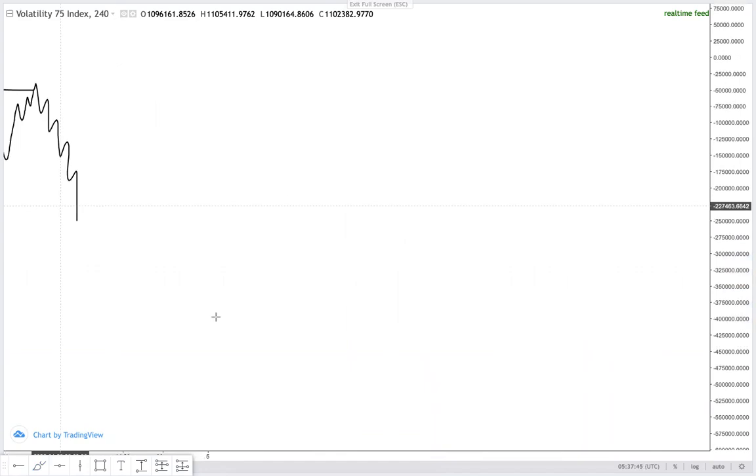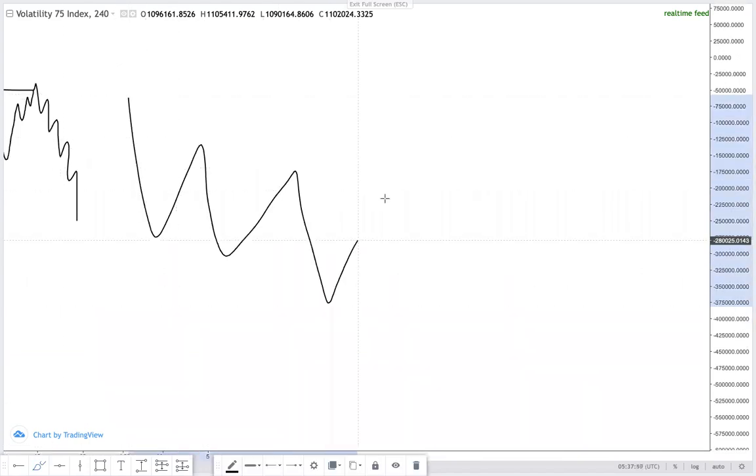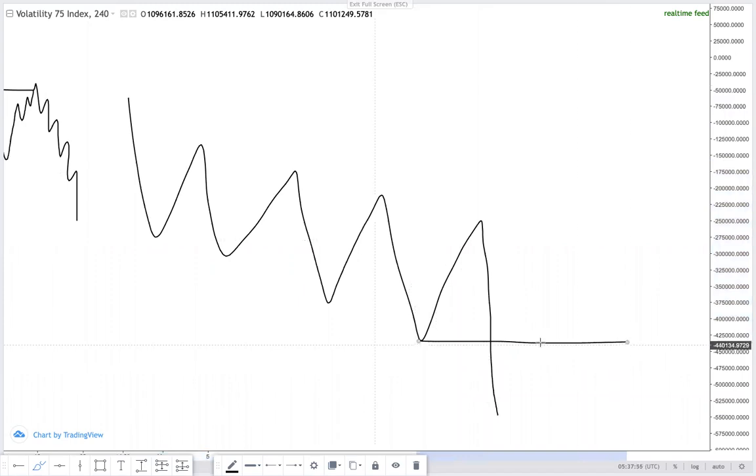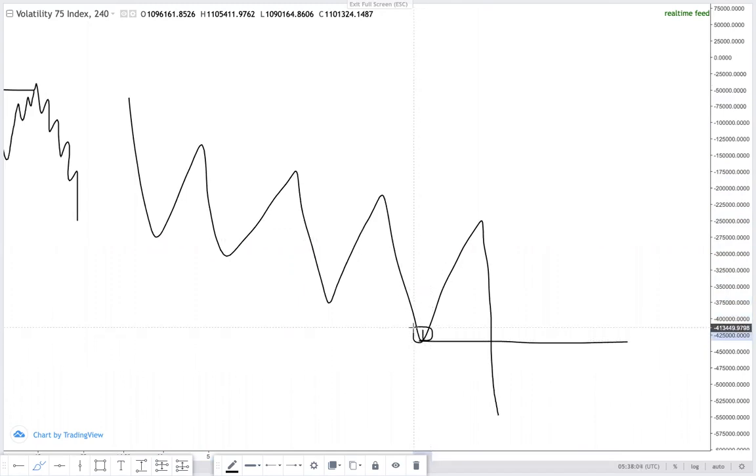By doing this, let's say this is our trend, and at this point, this is our line, this is our anticipation. So right here we have the two reversal candlesticks, and these are the wicks.